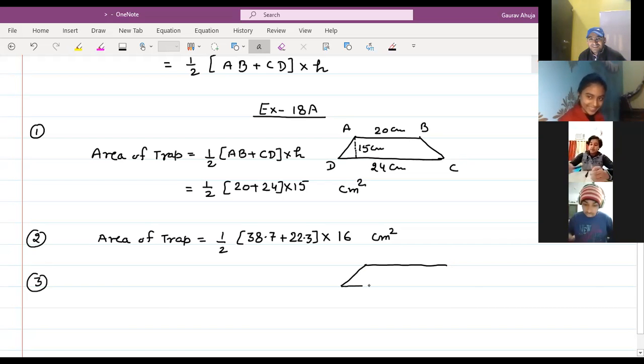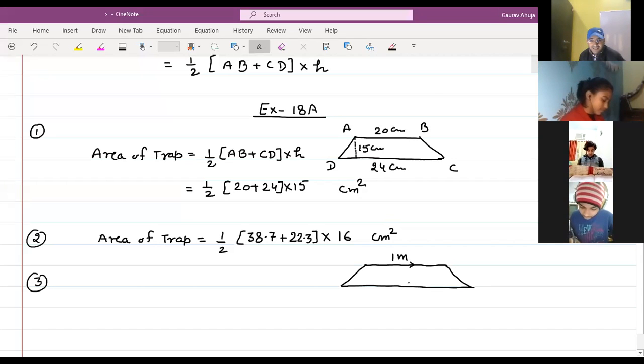Let's start the next question, question number 3. We have a tabletop. The lengths of parallel sides are given, 1 meter and 1.4 meter, and the perpendicular distance between these two parallel lines is given, 0.9 meter, I think. So yes, 0.9 meter.